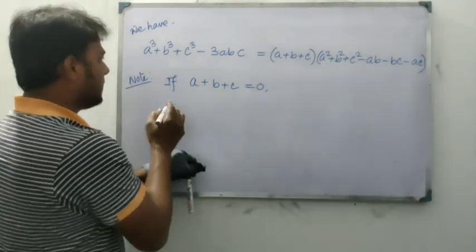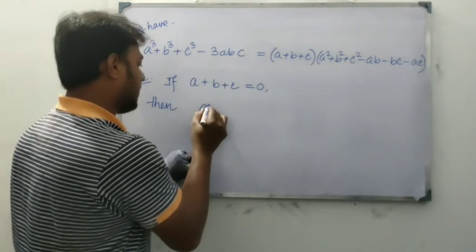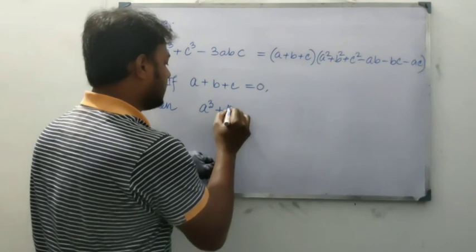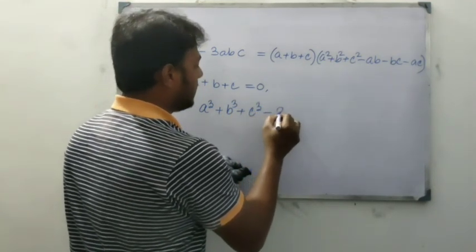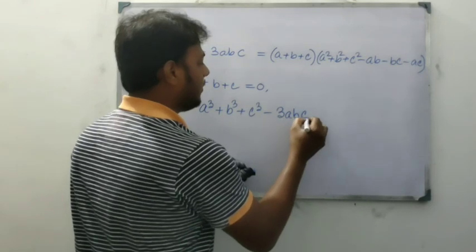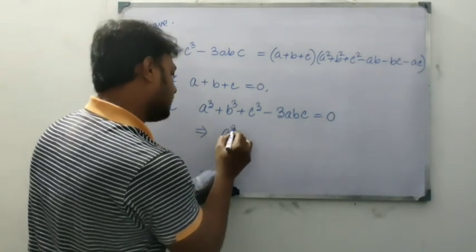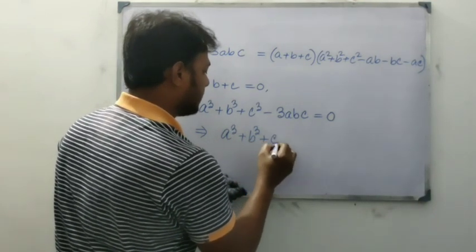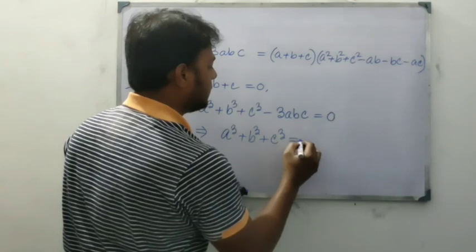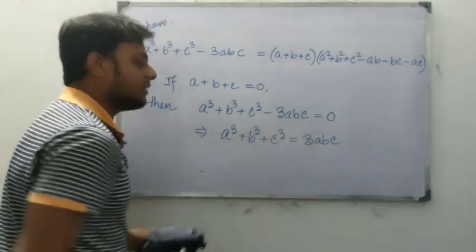So if a + b + c equals 0, then a³ + b³ + c³ − 3abc will be 0. So this is nothing but a³ + b³ + c³ equals 3abc. We have just taken the term to the other side.